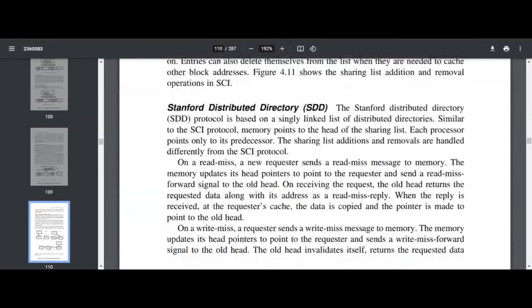So they have introduced something, the Stanford Distributed Directory, which is called SDD. The Stanford Distributed Directory protocol is based on the singly linked list of distributed directories, similar to the SCI protocol. Memory points to the head of the sharing list. Each processor now points only to its one predecessor.